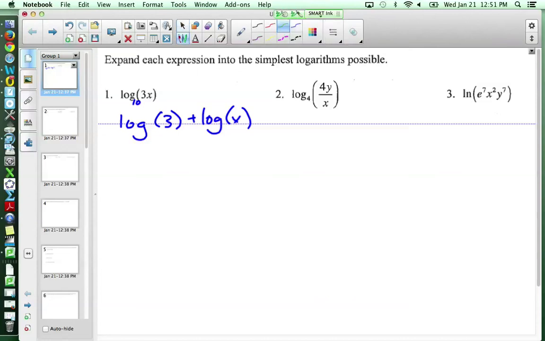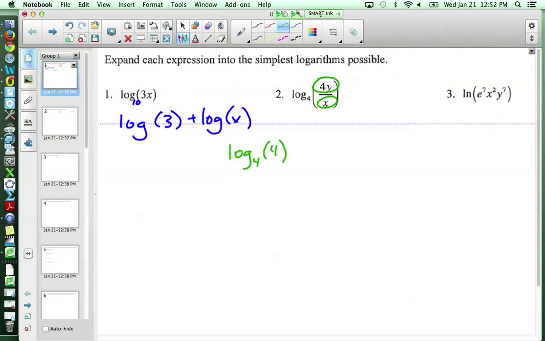But if you look at number 2, we have the 4 and the y on top, but we have the x on the bottom. So one thing to remember is anytime the numbers or the variables are on top, the logarithm is going to be positive. If it's ever on the bottom, the logarithms are going to be negative. So in this case, we have the log base 4 of 4.